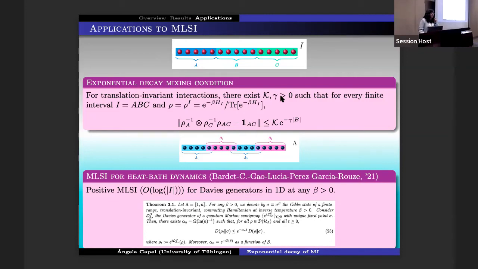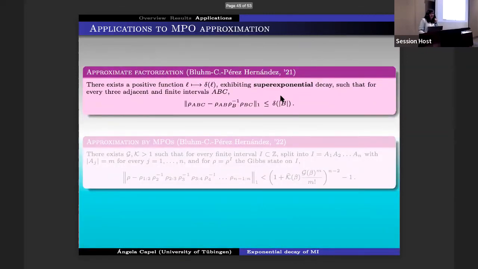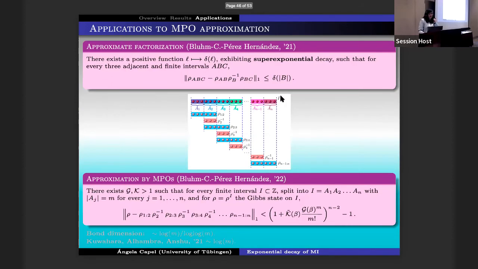And just to conclude, I want to mention another application of this approximate recoverability by the BS recovery condition. Since we are writing the BS recovery condition in a certain order, with system A on one side and system C on the other side, this makes you think that maybe you can use it recursively, to construct a reconstruction of the state on many different systems by using this result recursively.